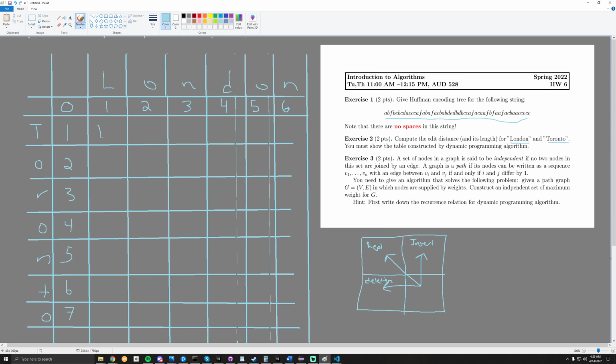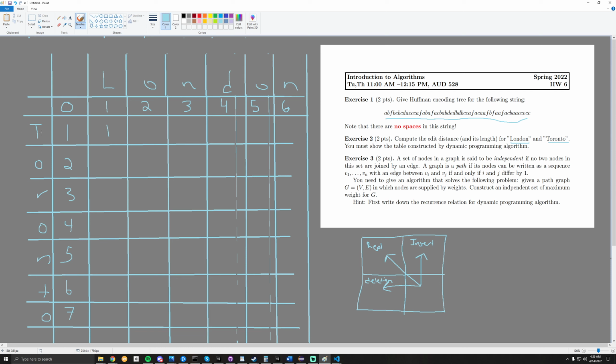So we would have 1 plus its best neighbor of its 3 things, either a deletion or an insertion or a replacement. And that would be a 0. So our total cost here would be 1 plus our best neighbor of 0, which is just 1. So it would take 1 operation to convert L to T, a single replacement.